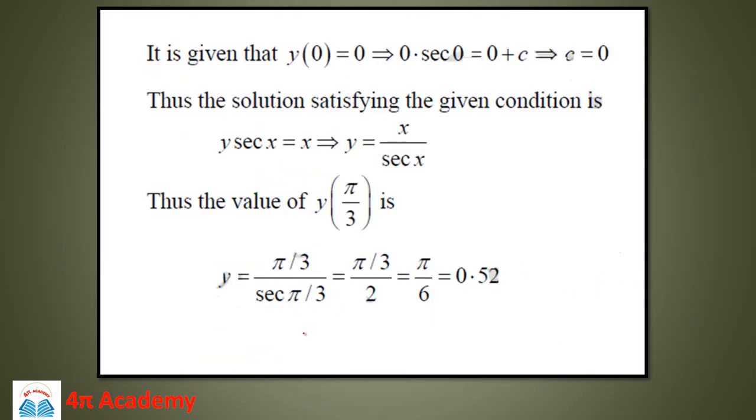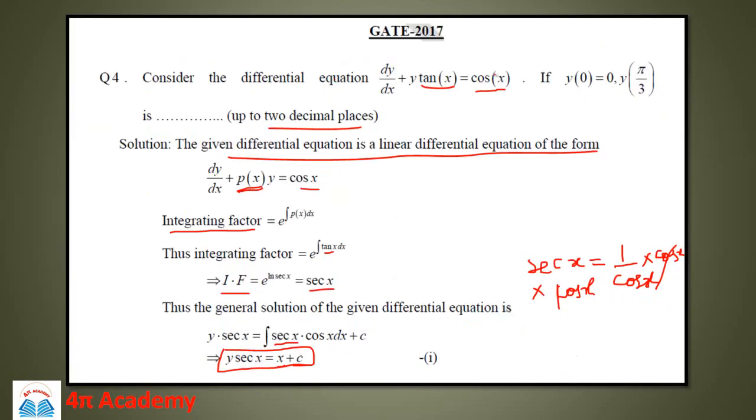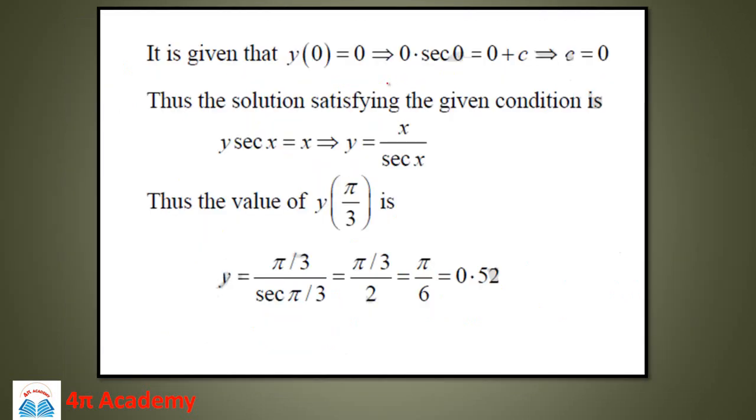Now it is given as the boundary condition that y of 0 is equal to 0. It means that if I substitute the value of x as 0, I get the value of y as 0.